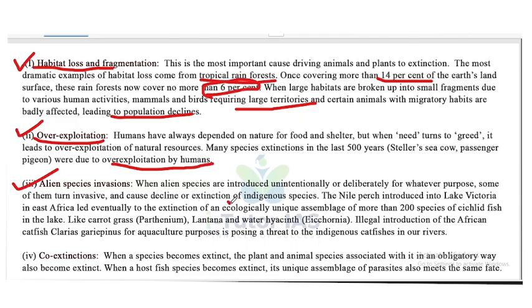Indigenous species are those species which are found only in a specific habitat. So when an alien species is introduced into a new area, maybe intentionally or unintentionally, some of them turn invasive, which causes the extinction of the indigenous species.